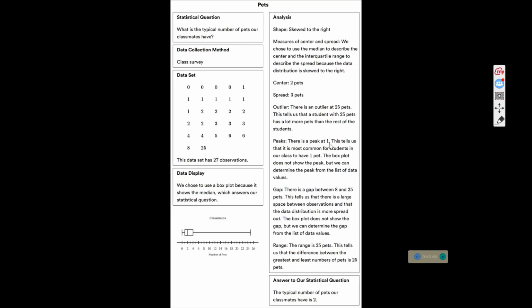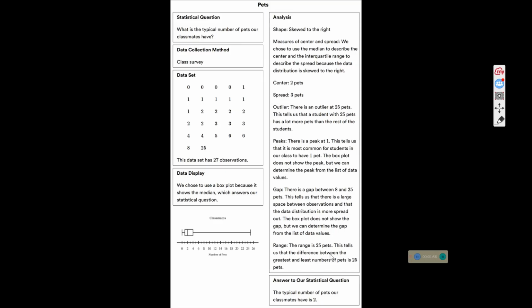There is a peak at 1 because there are 1, 2, 3, 4, 5, 6, 7 of the students that had 1 pet. Gaps. There's a gap between 8 and 25, and it tells them about the large space between the observations.